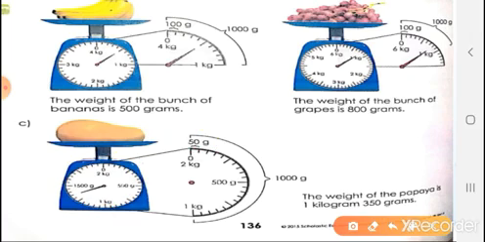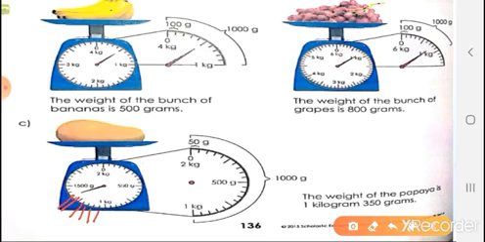Here we have 1 kilogram and 50 grams, 1 kilogram and 100 grams, 1 kilogram and 150 grams, 1 kilogram and 200 grams, 1 kilogram and 250 grams, 1 kilogram and 300 grams.